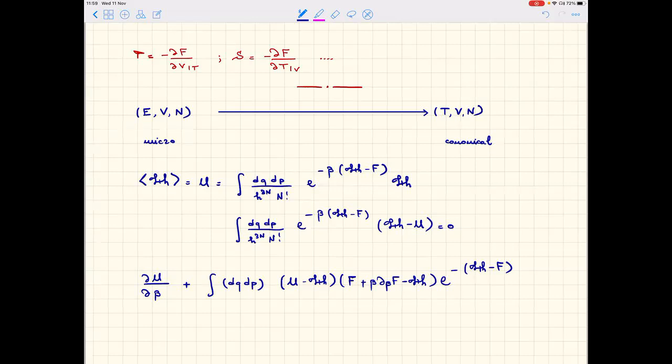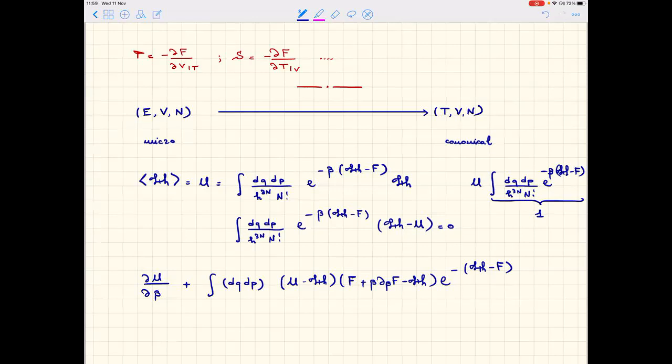Wait a second. You agree? So it's U multiplied by dq dp over h^{3N} N factorial, e to the minus beta (H minus F), times beta. And now the point is that this is equal to 1 by definition. You see?